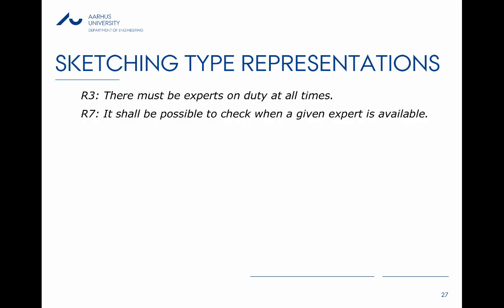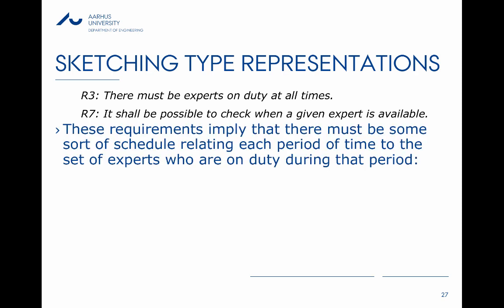Now, sketching the type representation also means that for R3 and R7, we need to consider what to do. There must be experts on duty at all times, and it should be possible to check if a given expert is available. So these requirements imply that there must be some sort of schedule related to each period of time, of the set of experts who should be on duty in that period.